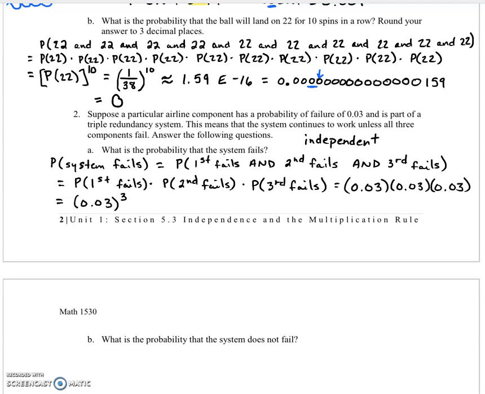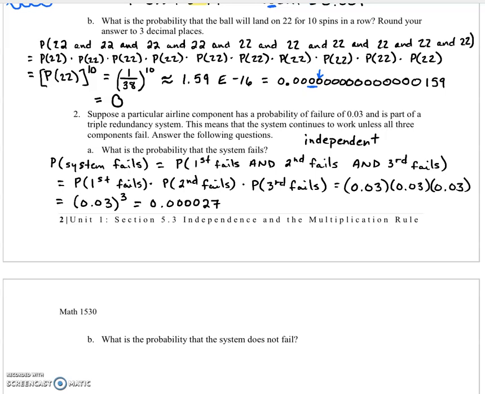It's the same because we're multiplying 3 of the same number together. And when we do that, we get 0.00040, and to the right of the decimal point, 27.